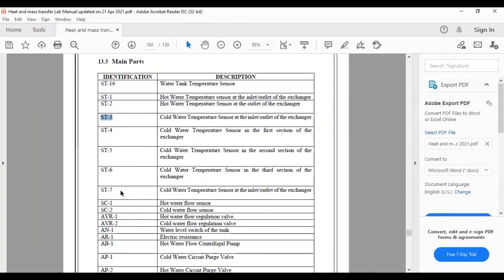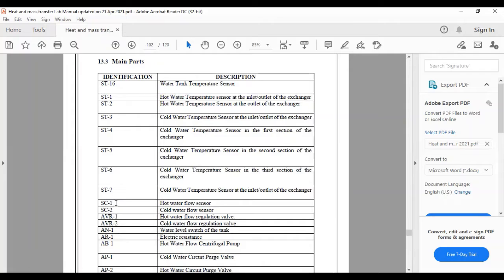We will just change the direction of cold water, so that we perform the experiment in two ways. When the cold water enters from ST3 and exits from ST7, it is counted as parallel flow. When we reverse its direction from ST7 to ST3, it is counted as counter flow.